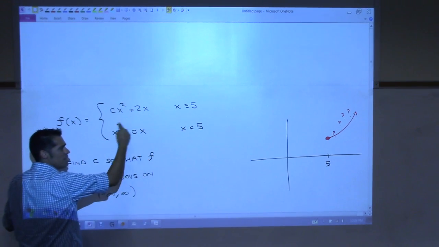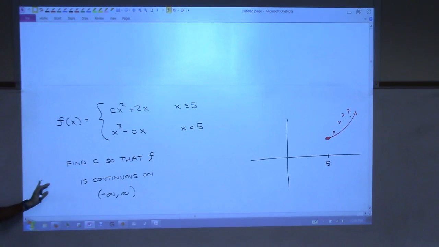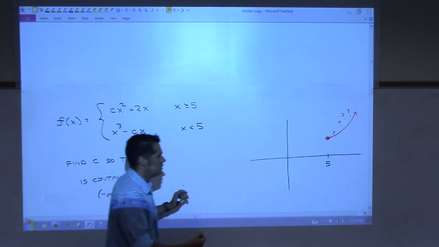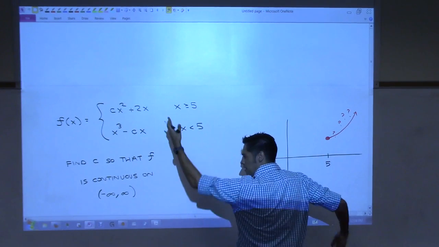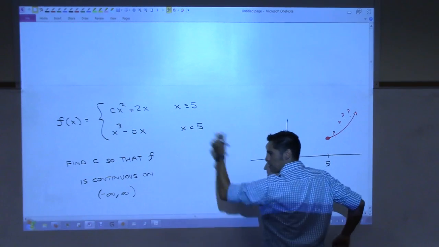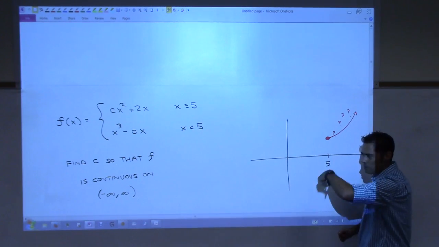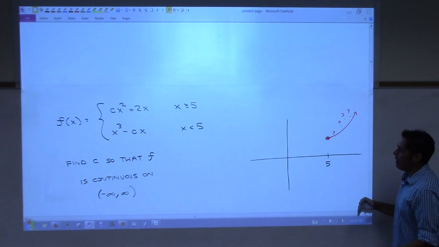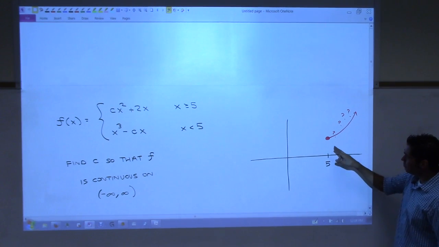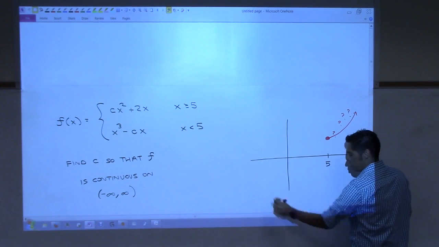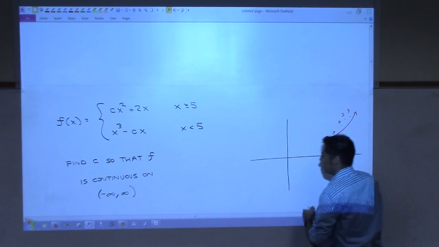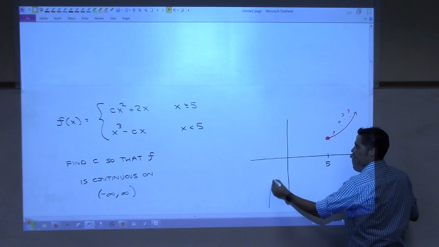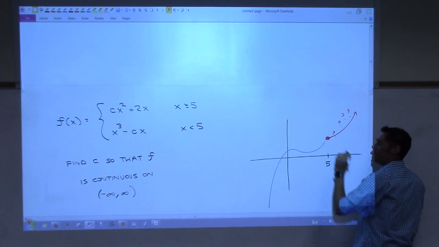All right, now, to the left of 5, you're this. And that's not a parabola. It's a cubic function. Cubic functions look like that or like that, right? It's like this or like this. And you can have little jiggles in it also, right? So it could do all sorts of things. And I also don't know what happens, like, does this cubic function, I'll do it in blue, does it do this and come right into that?